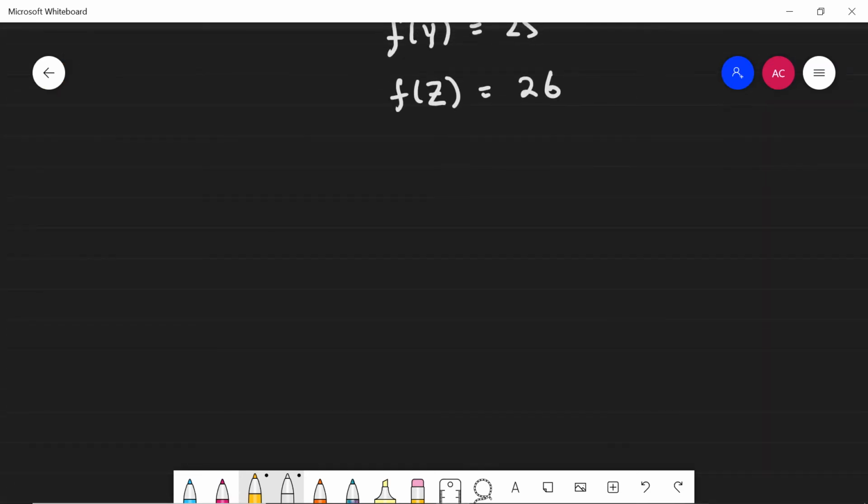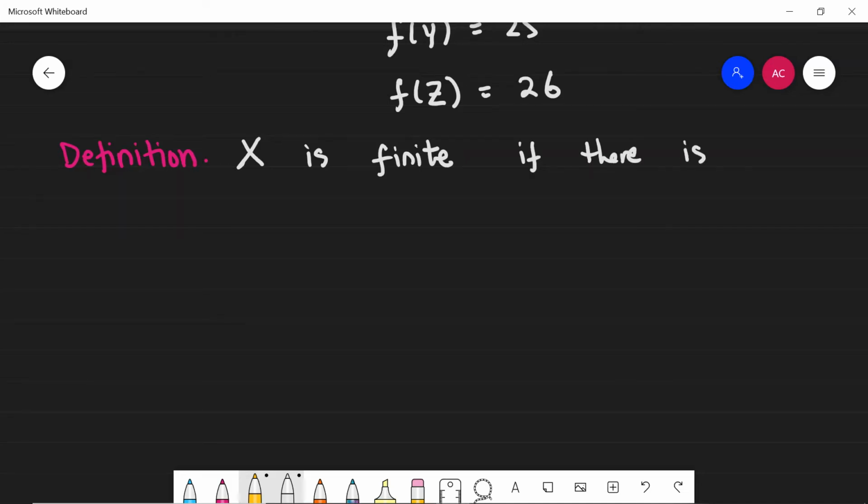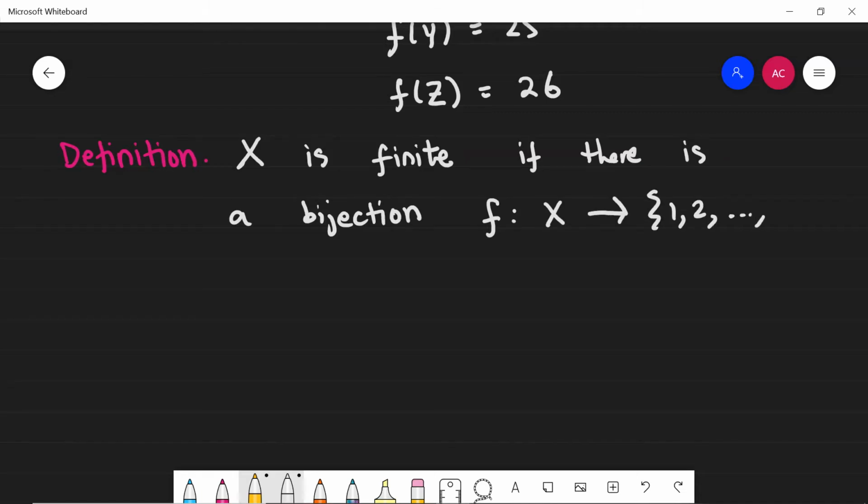Okay. So let's make a definition here, and that is of what it means for a set to be a finite set. X is finite if there is a bijection. X here is a set, and we say it's finite if there is a bijection f that goes from X to some set of the form 1, 2, all the way up to n.